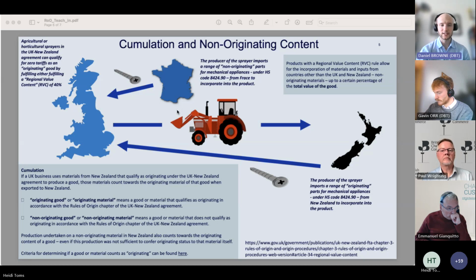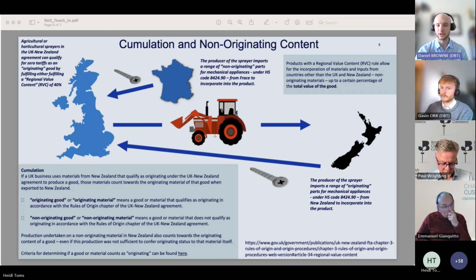An important thing to add to this as well is that you can also accumulate the processing that is done on non-originating materials in New Zealand when you are exporting your sprayer and other goods back to New Zealand. So what does this mean? So let's say hypothetically that in New Zealand they have imported some kind of material from another country, let's say Japan, which is going to be used in the sprayer that you're exporting back to New Zealand.